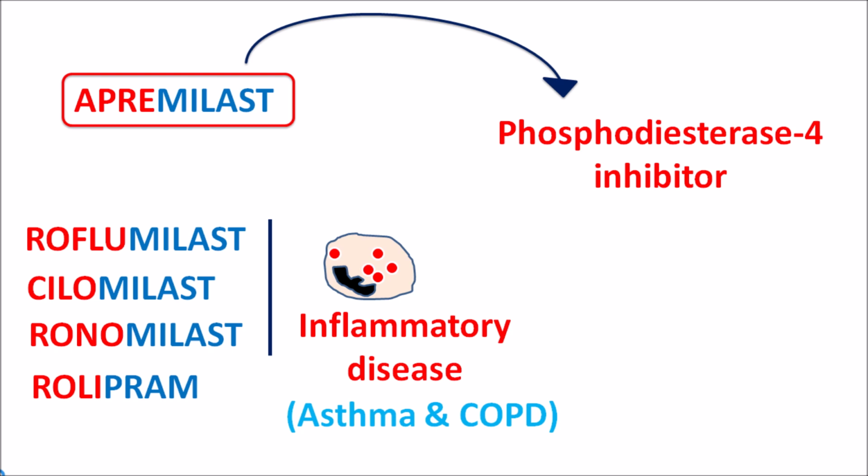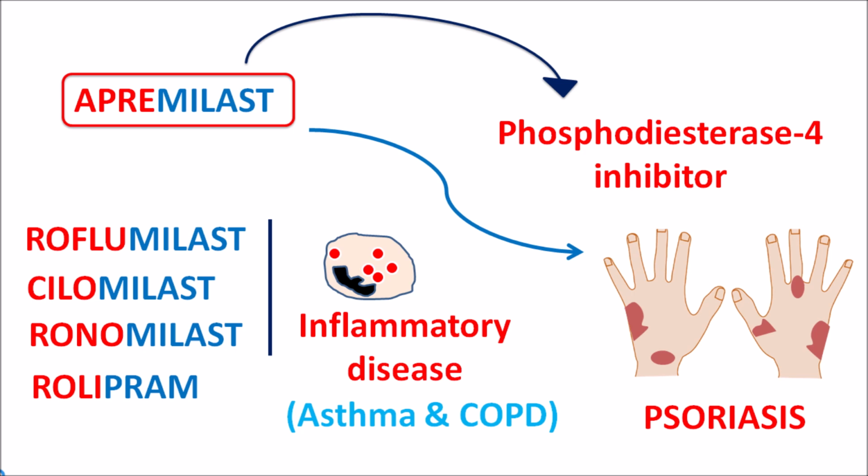Now, among these drugs, Apremilast is indicated for treatment of psoriasis. Psoriasis is one of the inflammatory disorders that can affect the skin, and it can also affect the joints, resulting in psoriatic arthritis. This Apremilast is available under the brand name Otezla for the treatment of psoriasis.